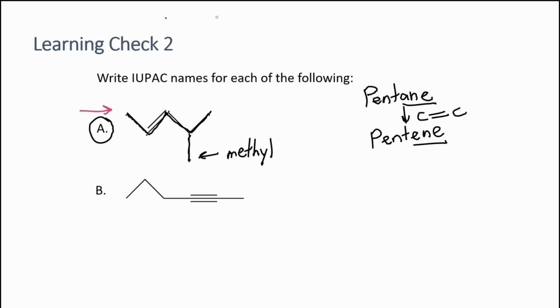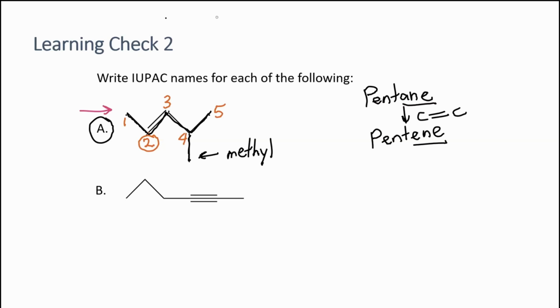So I can fulfill that by starting numbering from the left hand side. 1, 2, 3, 4, 5. In that way, the double bond containing carbon atoms will be carbon 2 and 3.